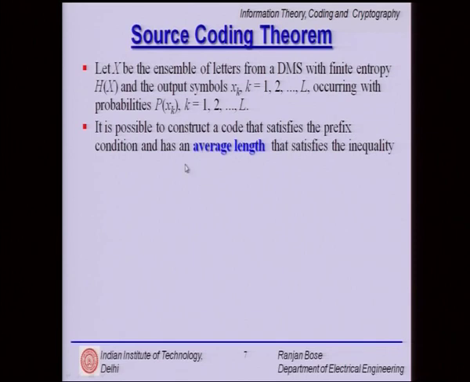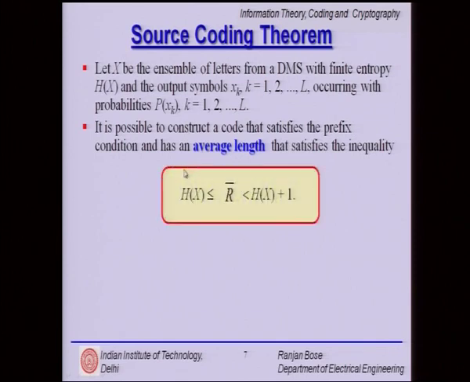Then the source coding theorem says that it is possible to construct a code that satisfies the prefix condition and also has an average length R bar, which is bounded by H(X) as the lower bound and H(X) plus 1 as the upper bound. The units are in bits. So, please note that R bar, the average length of the code, provided it follows the prefix condition, is pretty efficient.